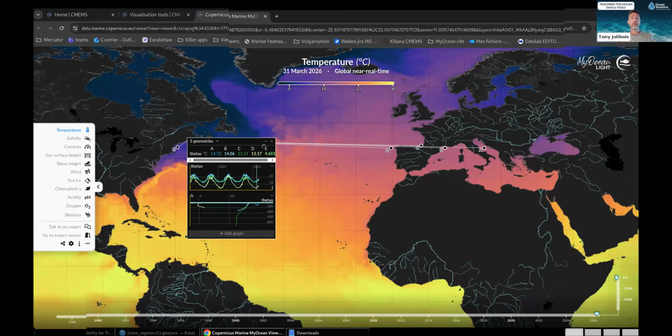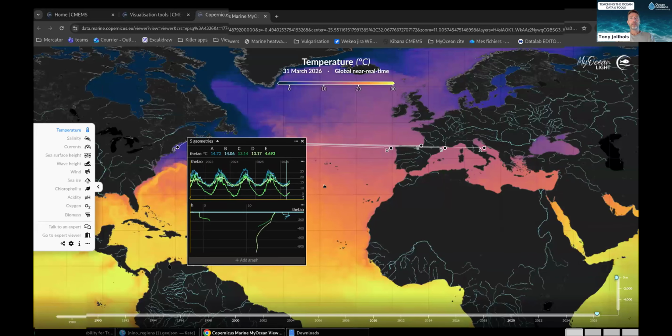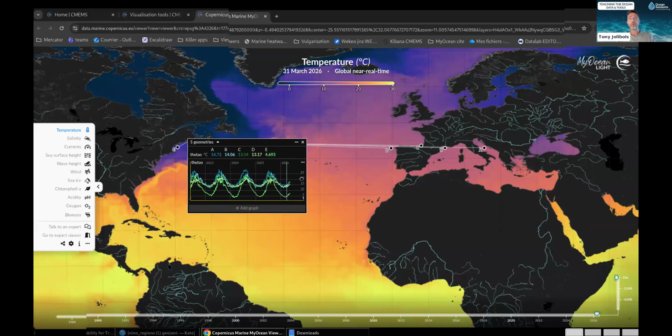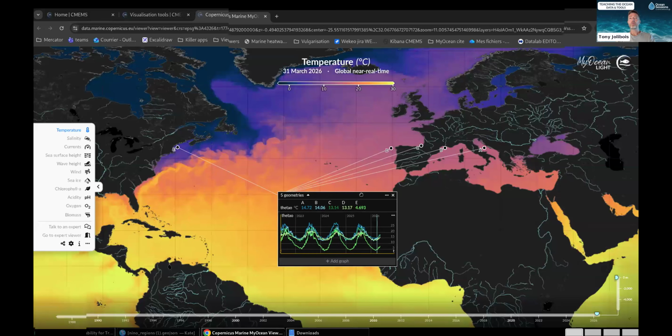So I maximize it. I just remove the graphs I don't want to speak about. So yeah, we see here that, of course, different points on the same latitude have different seawater temperature.